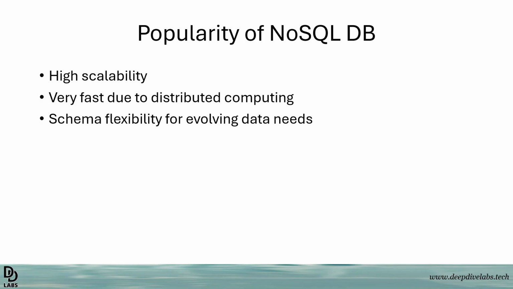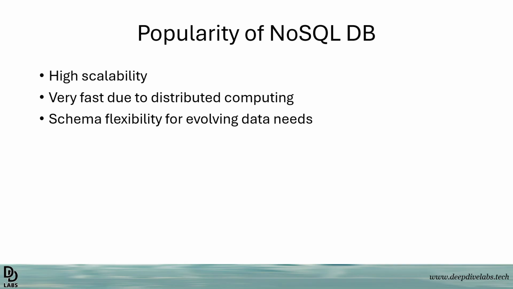Another reason for the popularity of NoSQL databases is its schema flexibility, right? One of the things that we saw in the last slide is that there was a need for faster feature development, faster application code development, right?